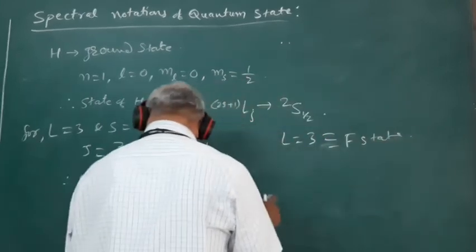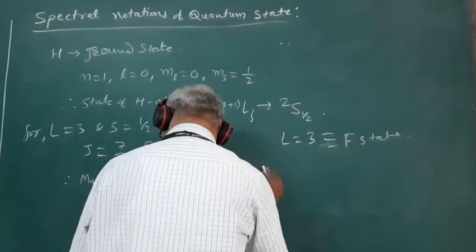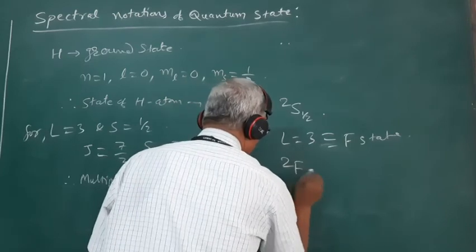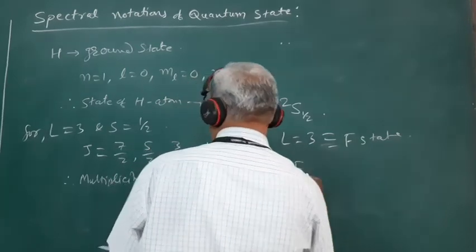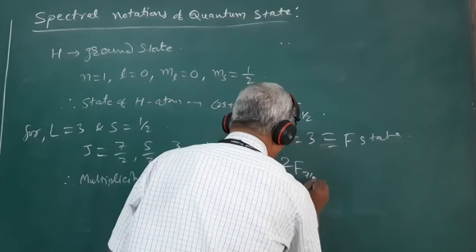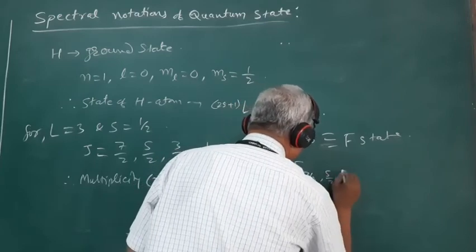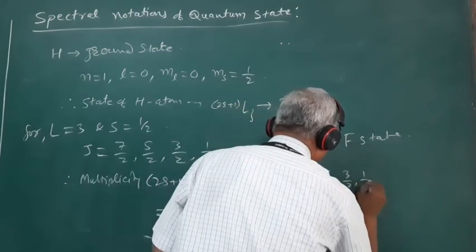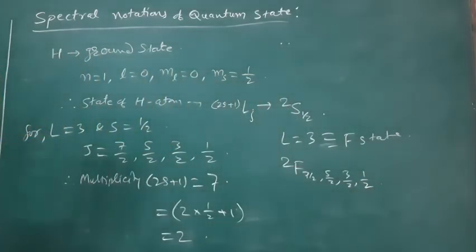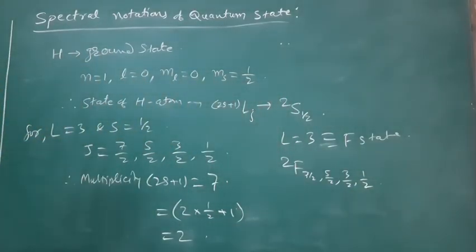So we can write the states as 2F, with J equal to 7/2 and 5/2. All these states are going to be doublets.